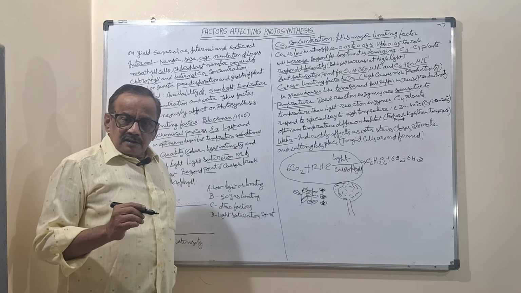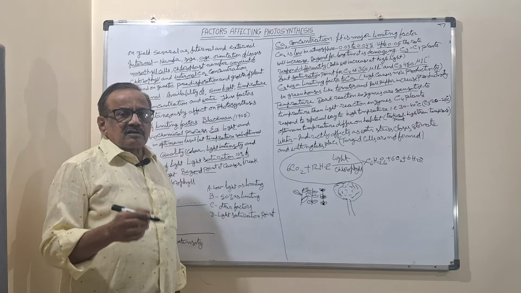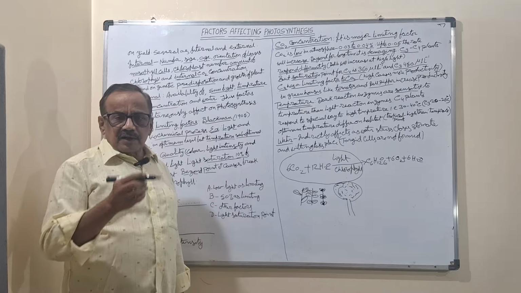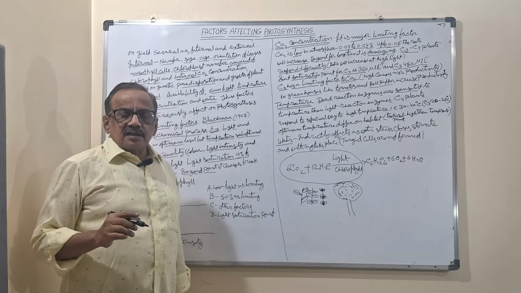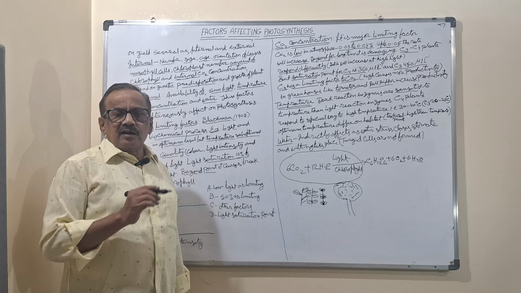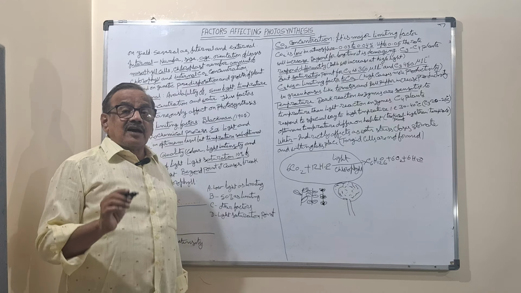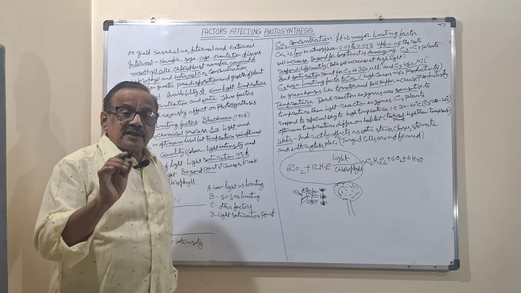But in a high dense forest, almost dark at the bottom, under the trees, the plants which grow completely in the shade will have light as a limiting factor. This is important.